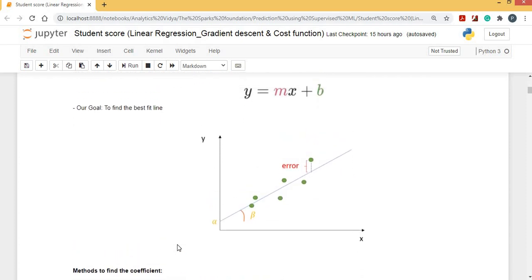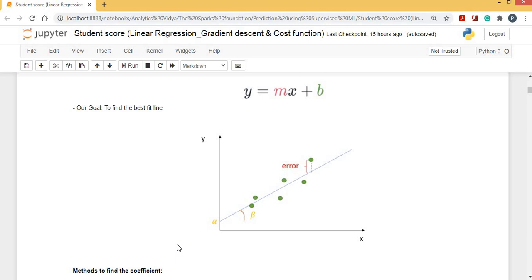y equals mx plus b, I hope you all have learned right from school. Linear regression is a method used to define the relationship between a dependent variable y and the independent variable x, which is simply written as y equals mx plus b.